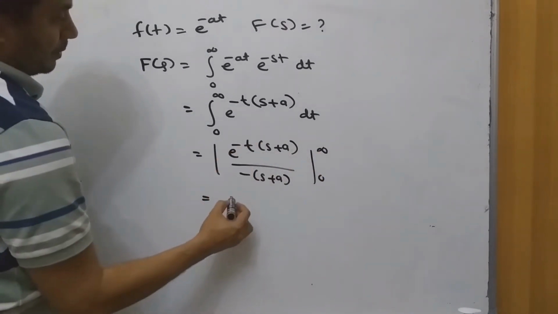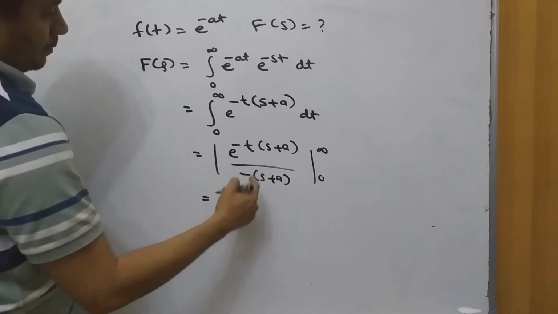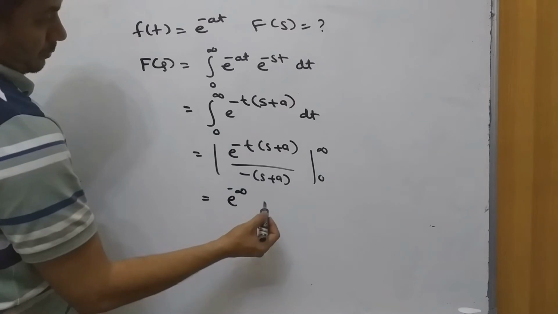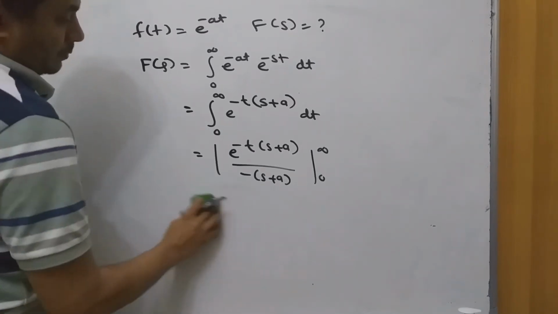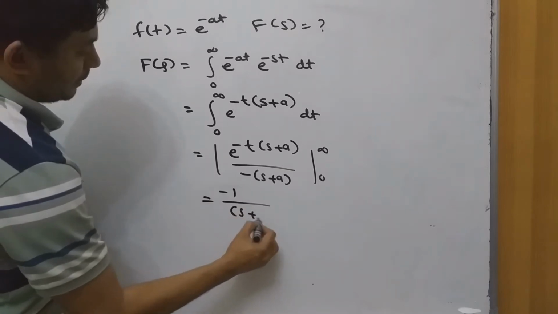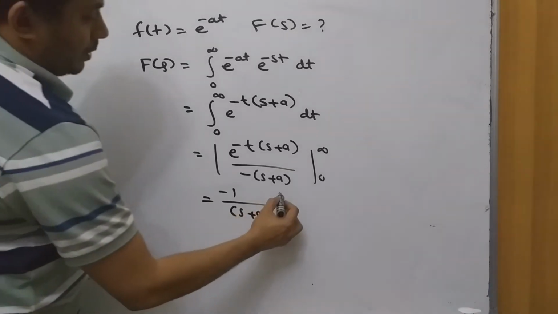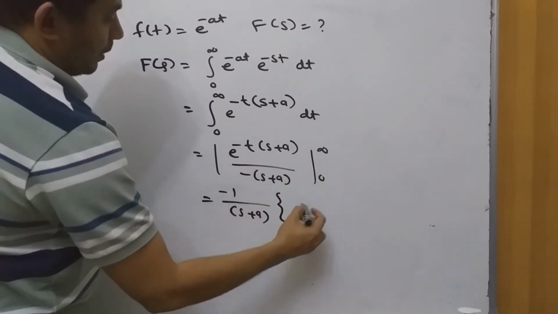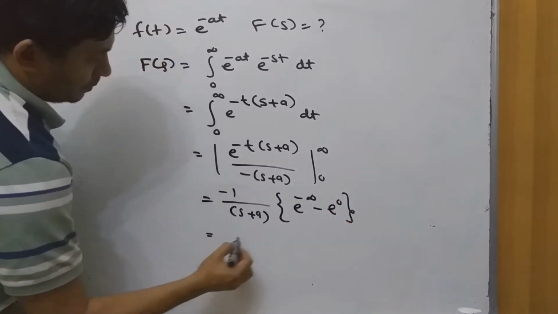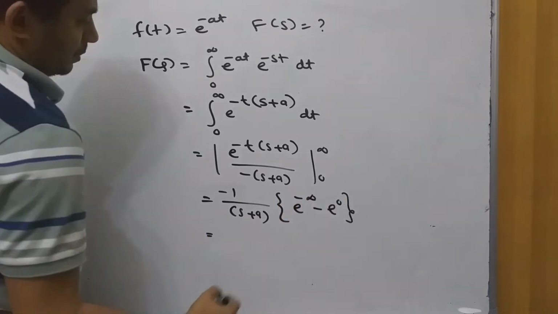If we apply the upper limit, it is going to be e raised to minus infinity. If you take minus 1 by s plus a out as a common factor, then after we apply the limits, it is going to be e raised to minus infinity minus e raised to 0.